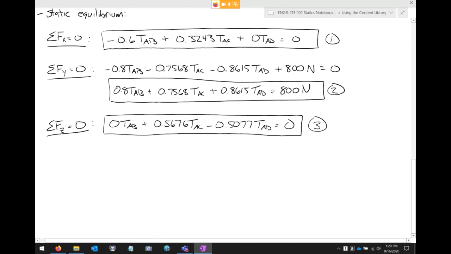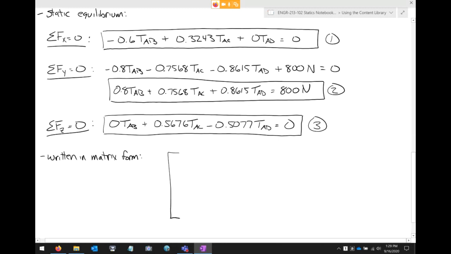Okay. So now I've got my 3 equations of equilibrium. Now what I'm going to do is write these equations in matrix form. All right.